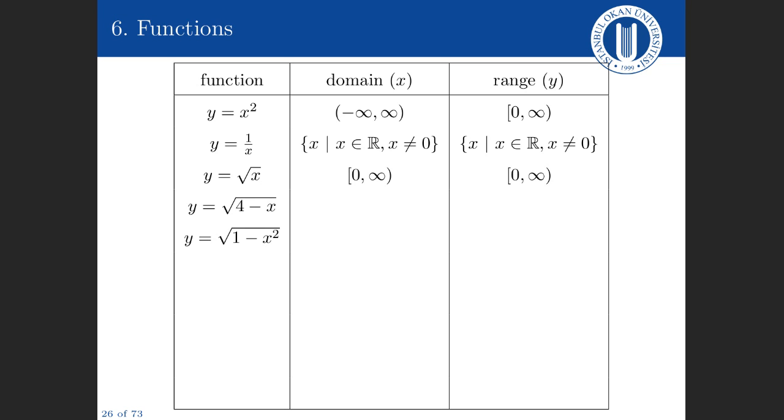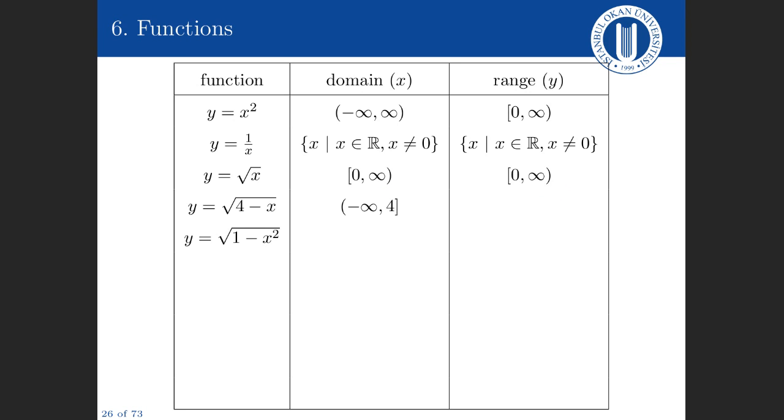What about square root of x? We can choose which domain we want. I choose the closed interval from 0 to infinity. What possible values of y do we have? We can have any number between 0 and infinity. Next one. If x is between minus infinity and 4, what possible values of y do we have?